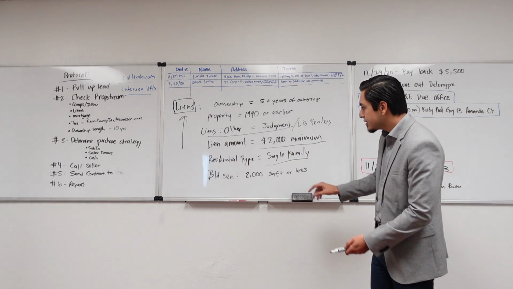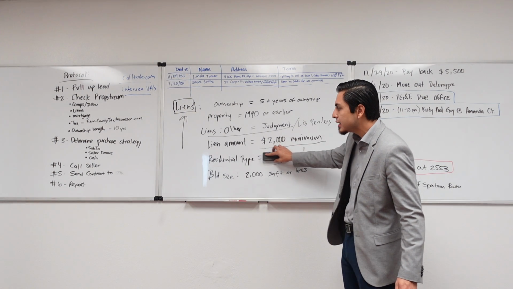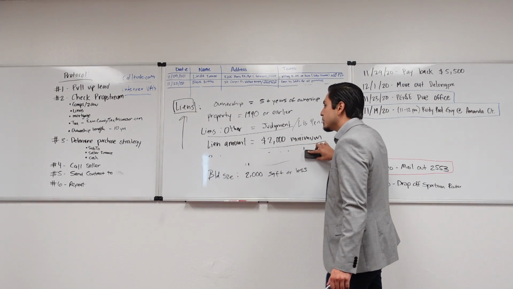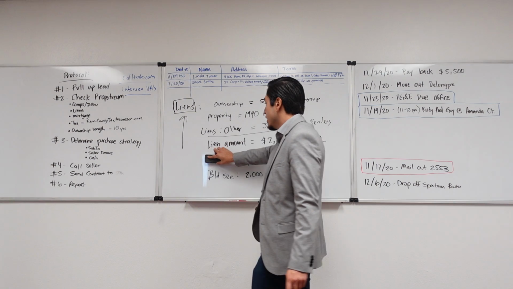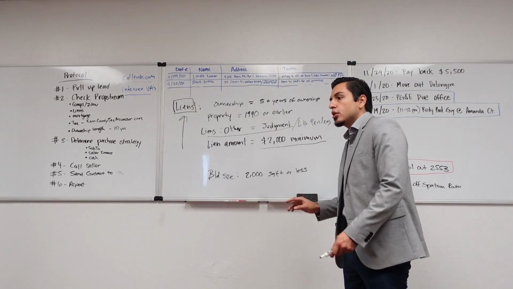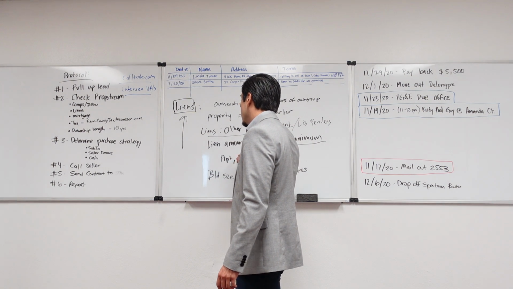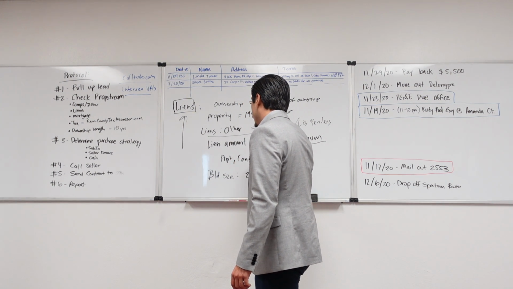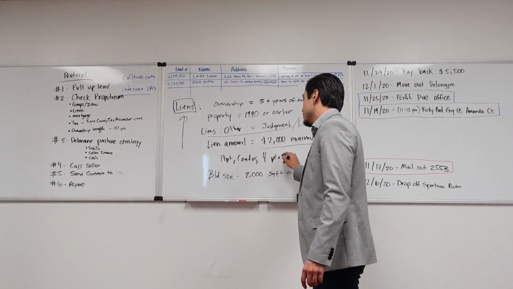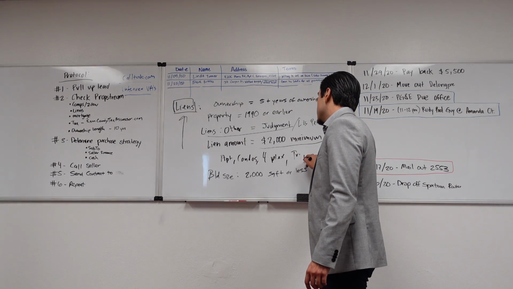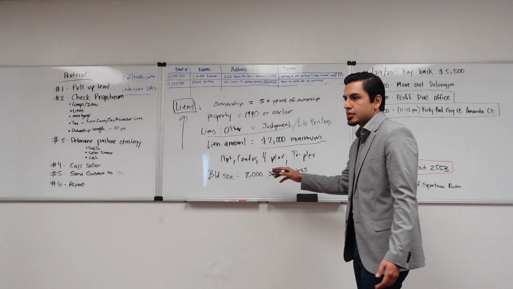The reason why I like to look for single family is because if you leave this blank, I've learned from experience, you are also looking at apartments, condos, fourplex, triplex. You get what I'm saying?